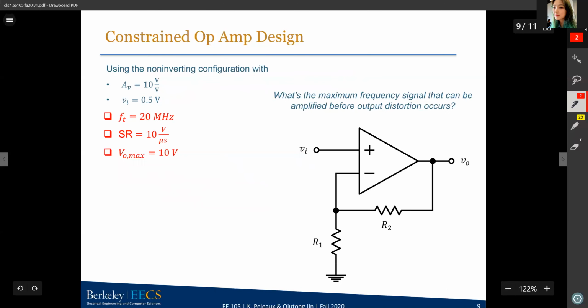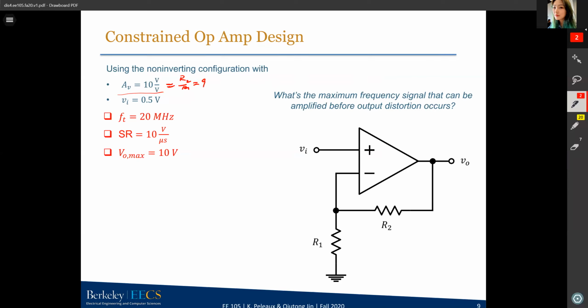And then I connect the op-amp with some resistors to construct a non-inverting configuration. So this is a non-inverting op-amp. Right now the op-amp has AV equals 10 volts per volt, so basically R2 over R1 is 9.